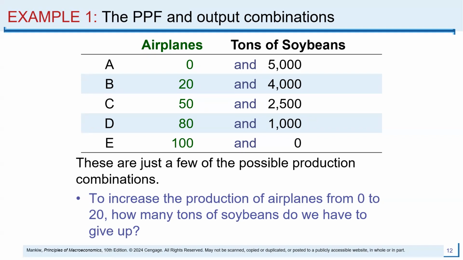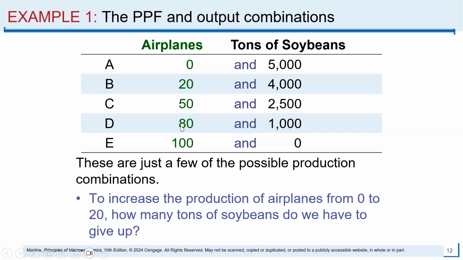So to increase the production of airplanes from 0 to 20, how many tons of soybeans do we have to give up? We can look at airplanes from A to B. From A to B, it is an increase of 20 airplanes. Then you can see there's a decrease of 1,000 tons of soybeans. So this is how you read this graph.